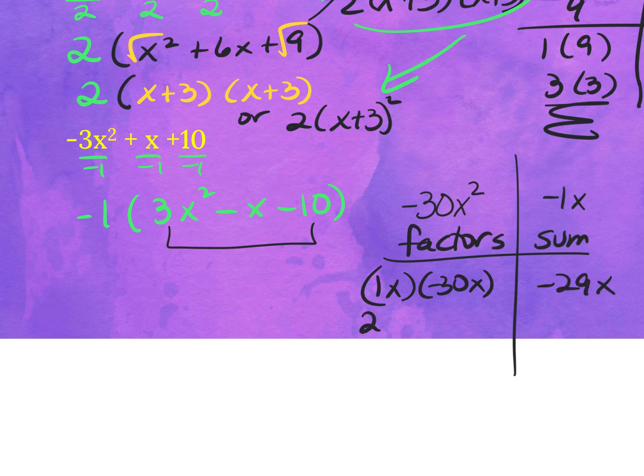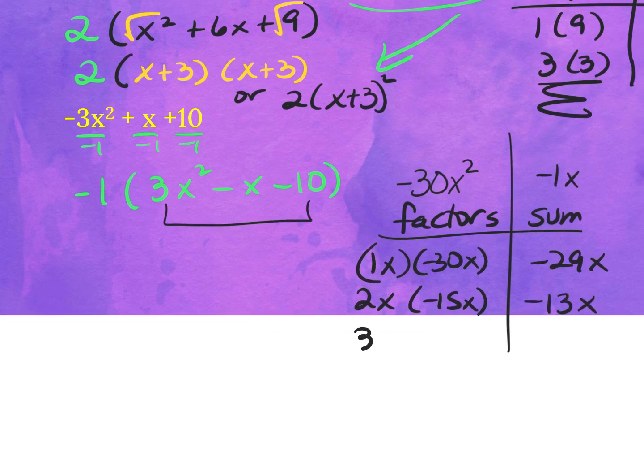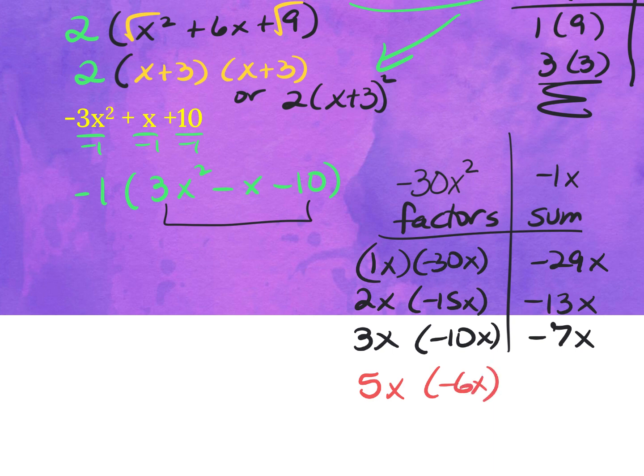Then if I do 2x and -15x, that gives me the -30x squared, but when I add it, still not the right sum. 3 is also a factor, 3 and negative 10, but that gives me negative 7. Finally, once I do 5x and negative 6x, this gives me the combination that I need.